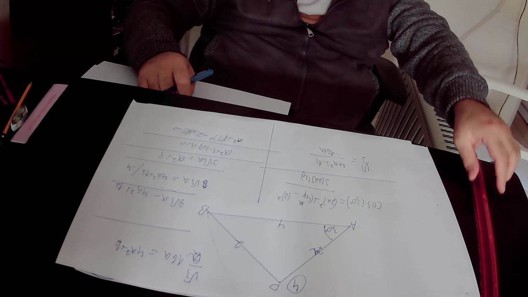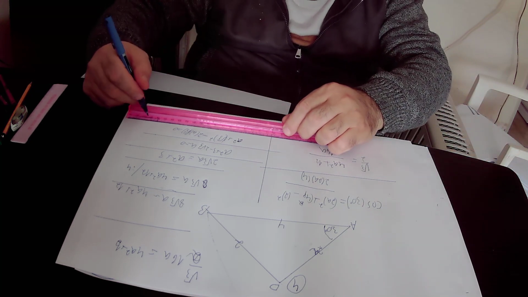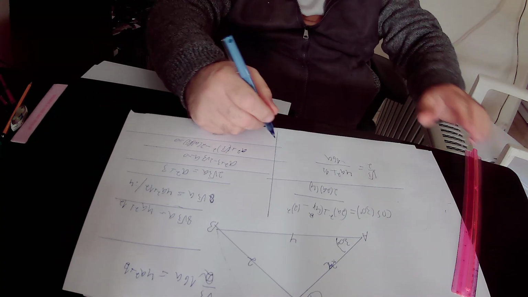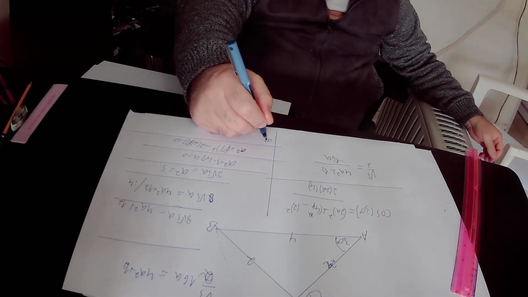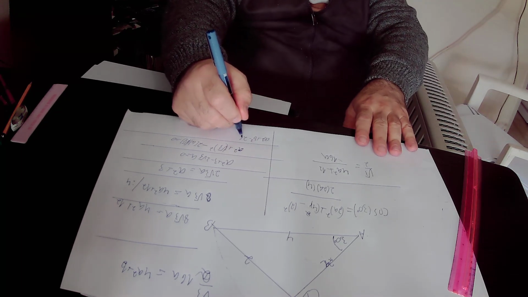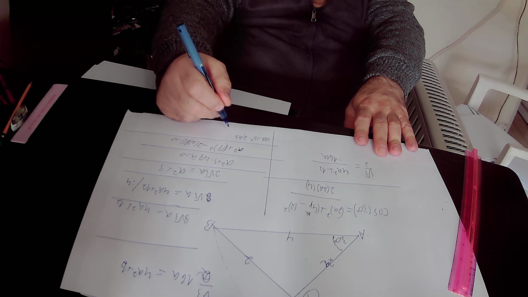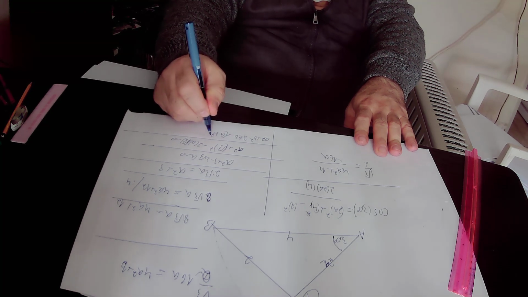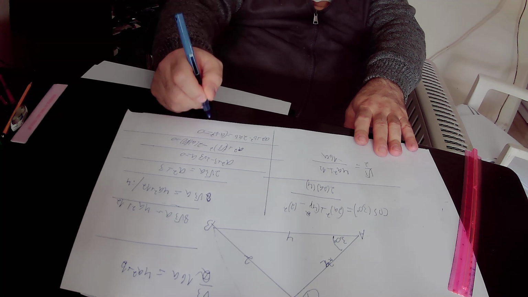So actually this equation is very similar to the algebraic identity that states that a squared plus b squared minus 2 times ab equals a minus b squared, that equals 0.